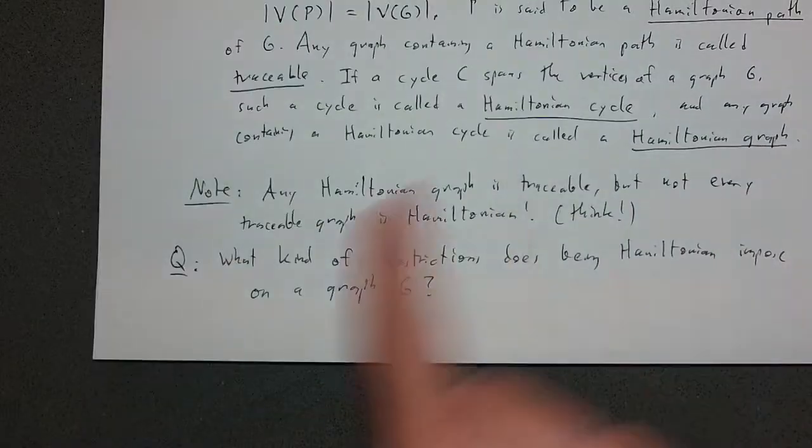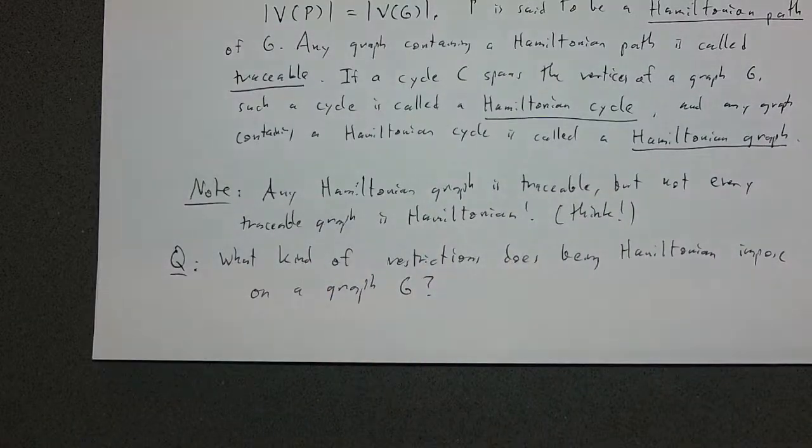The question is, is there an analogous theorem for Hamiltonian graphs? Can we similarly say, it's Hamiltonian, therefore we know this about the degrees of the vertices, we know this about how connected it has to be?